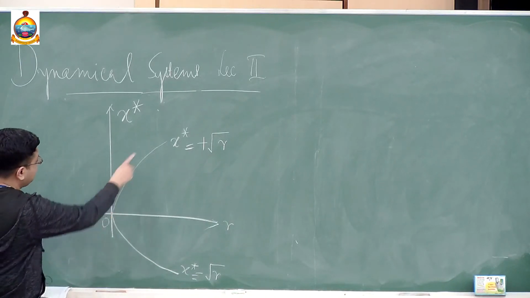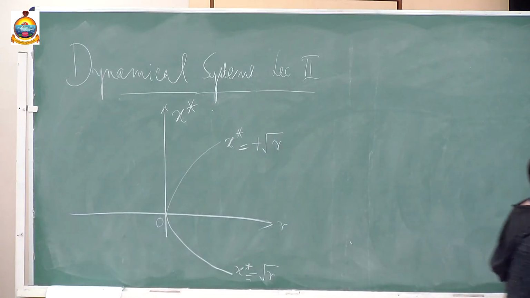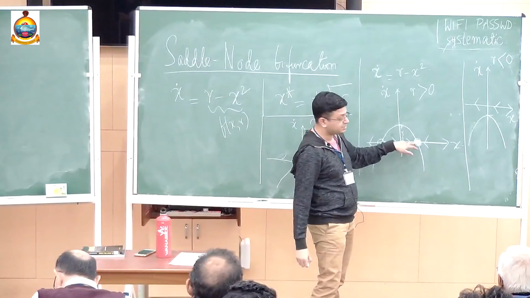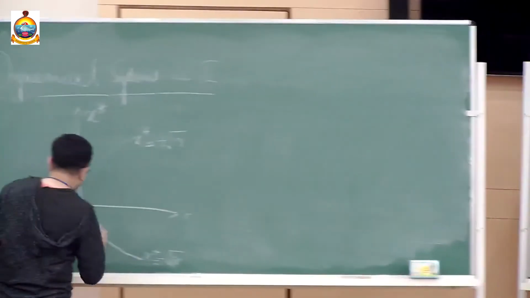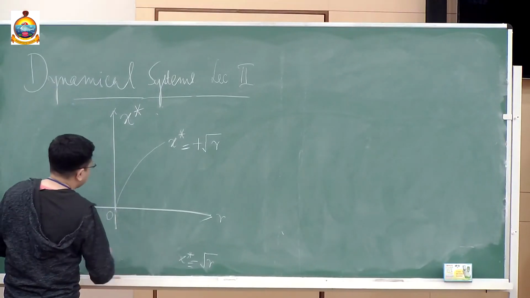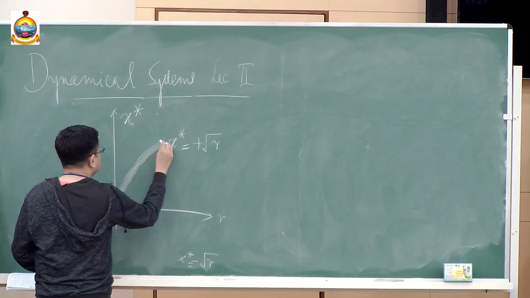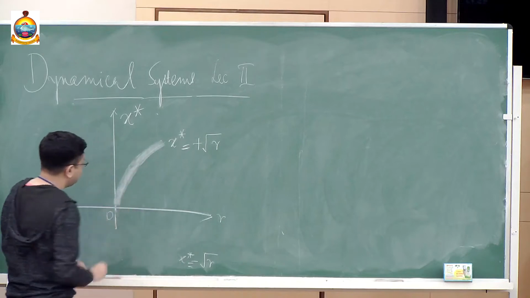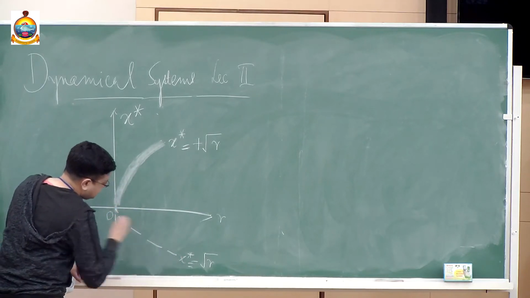Okay. Now one of them is going to be stable and one of them is going to be unstable. You know which one is stable. The one which is x star equal to plus square root of r is stable. So the way to denote it is that you draw a solid line for the stable branch and a broken line for the other one.